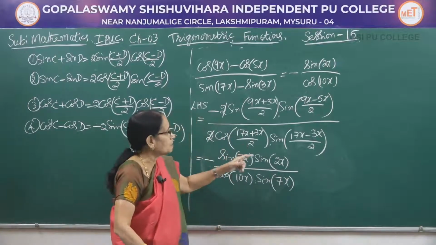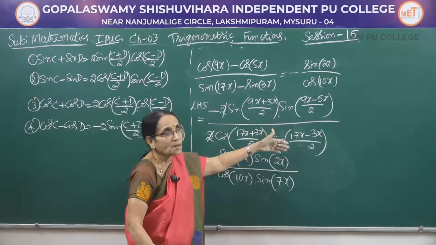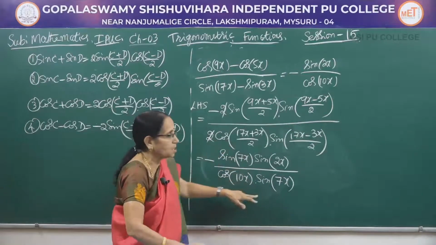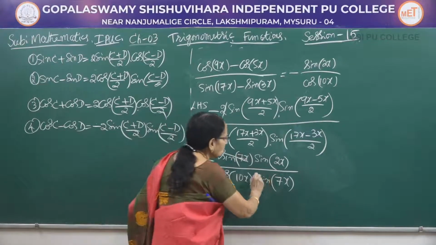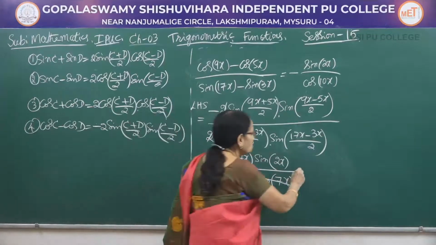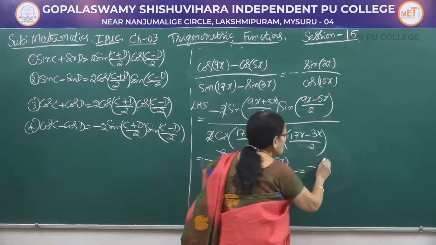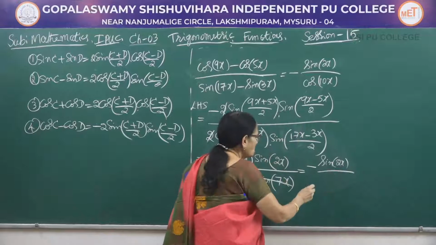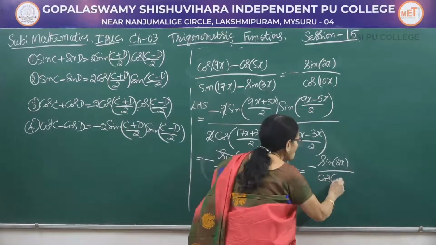In the earlier two problems, directly we could cancel the second set of ratios. Here it is not so. After simplification, you observe that sin 7x can be cancelled from numerator and denominator. Now what is remaining? Minus, in the numerator we are having sin of 2x, in the denominator it is cos of 10x.